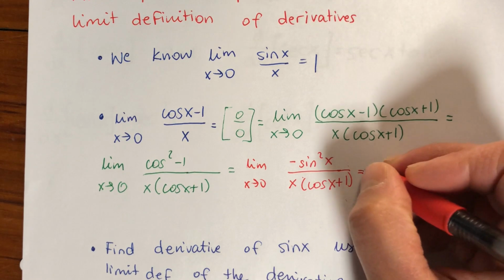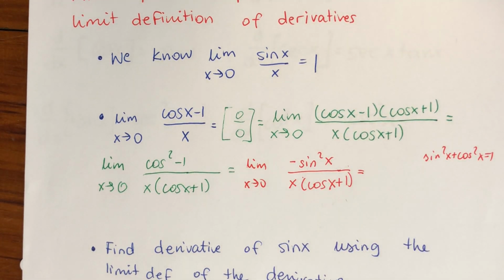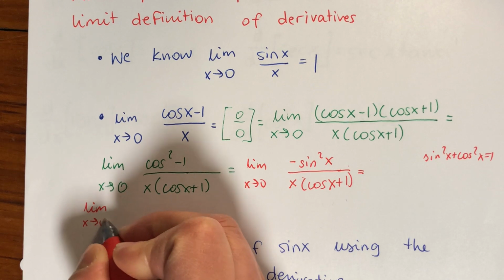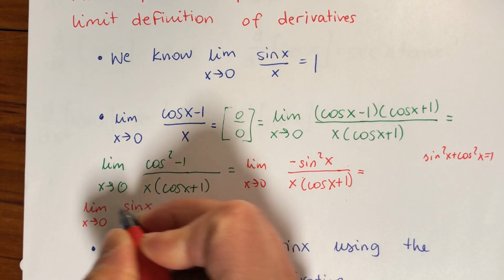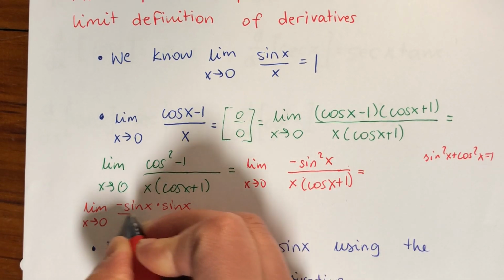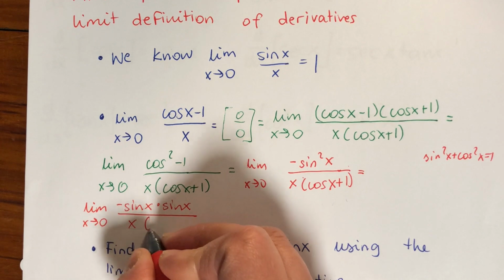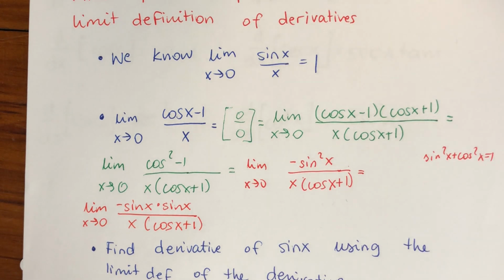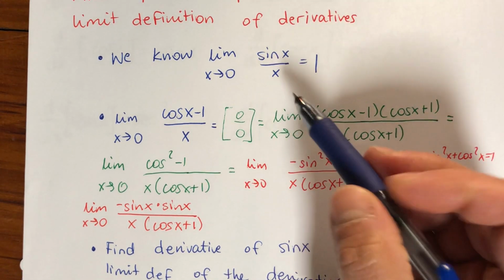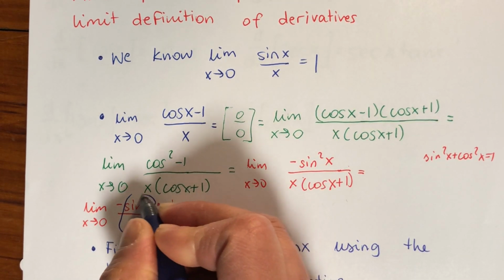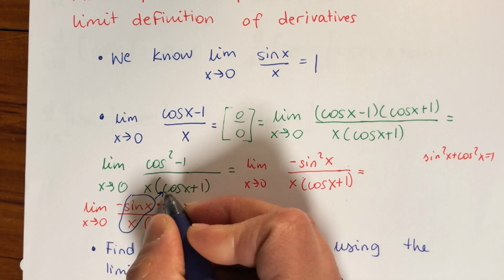So if I do that, that is going to give me the limit as x approaches 0 of negative sine of x times sine of x, divided by x, and then I have cosine of x plus 1. So if we think about what I gave you at the beginning, we know that sine of x over x, if I just take this part, is approaching 1.